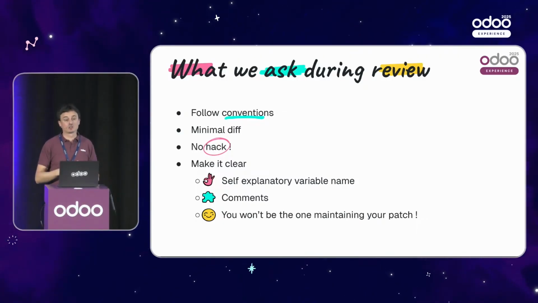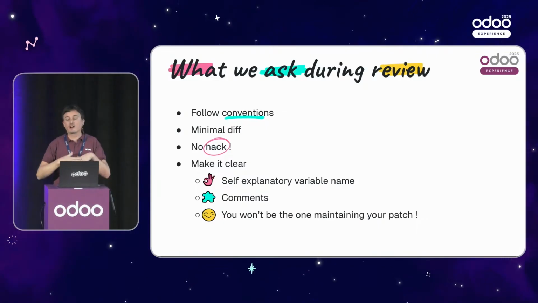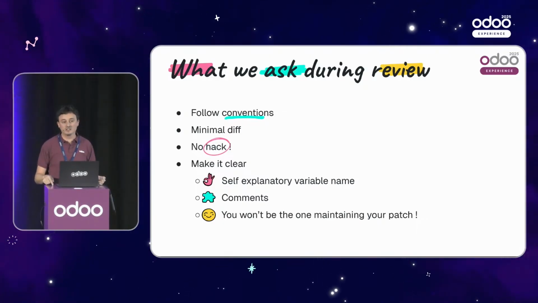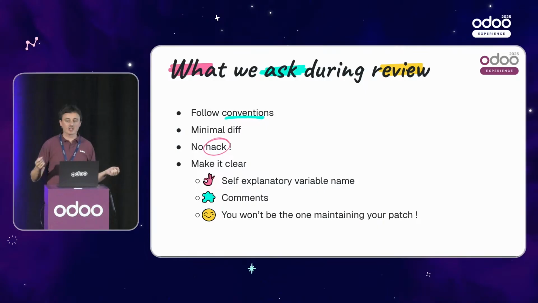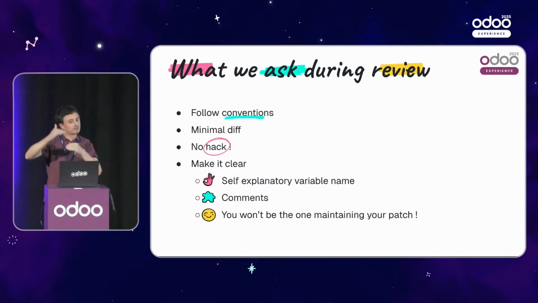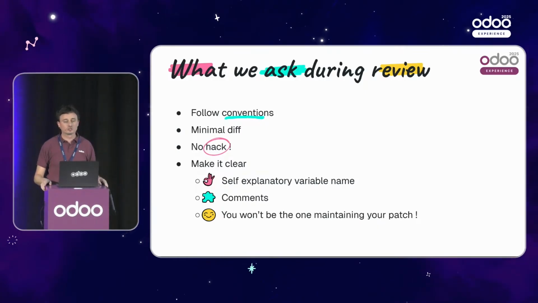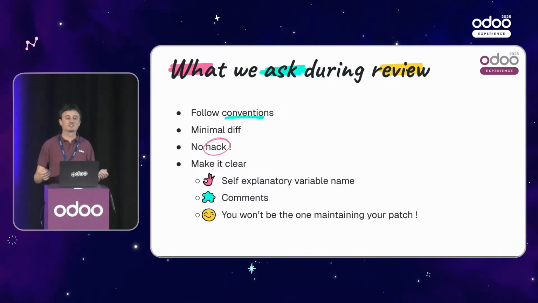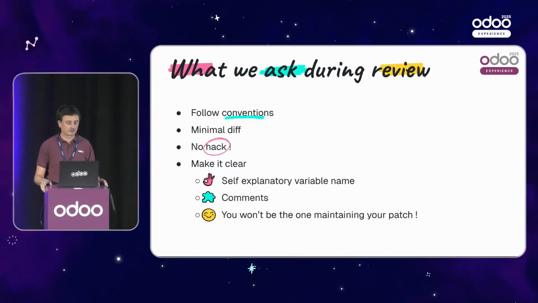Avoid hacks. In Python, there are a lot of things you can do in a single line, but if nobody but you understands that change, it's not a good fix. So sometimes it's better to take a few more lines just to make sure it's easy to understand, and it does not complexify the code base.